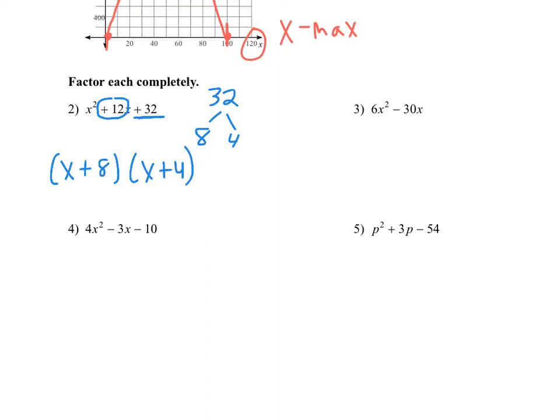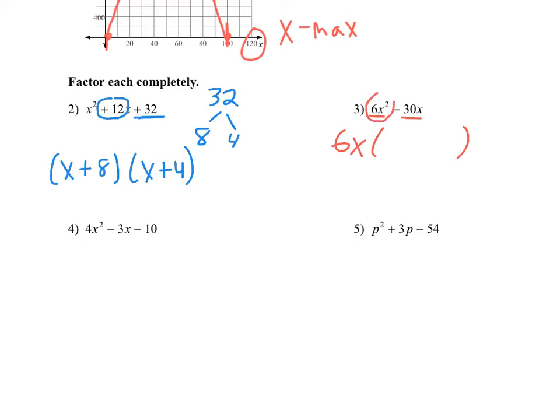Okay, number 3 then, this one was a little different. There were only 2 terms there, and they actually have a common factor. So I'm asking myself, what goes into 6x squared and into 30x? And the greatest common factor is 6x. And then the question is, what is the other factor? What would you multiply 6x by to get these terms back?